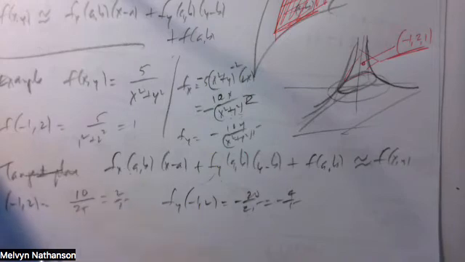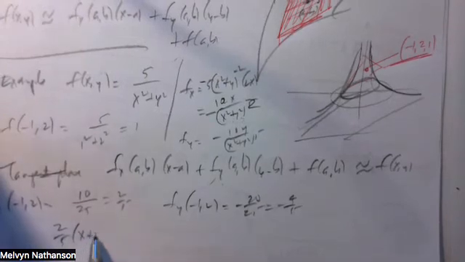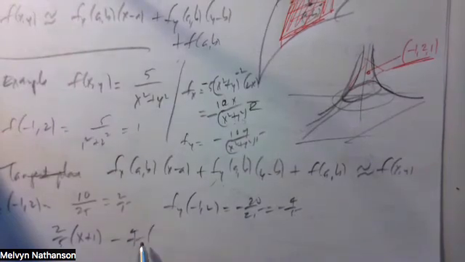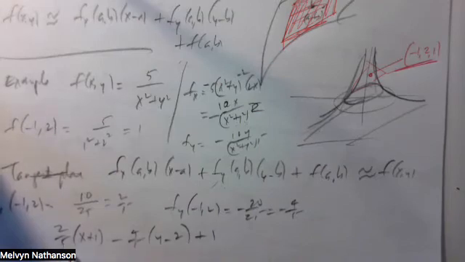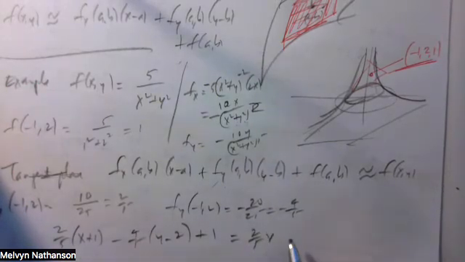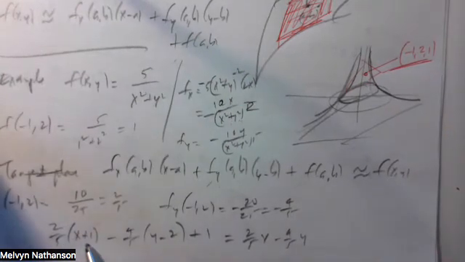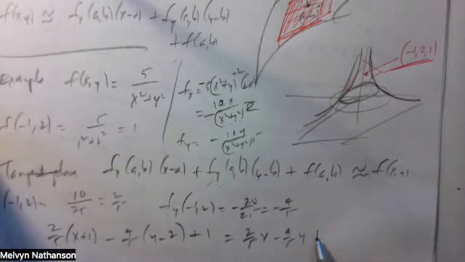So the tangent plane is 2/5 times x plus 1, minus 4/5 times y minus 2, plus 1. Which is the same as 2/5 x minus 4/5 y, plus 2/5 plus 8/5, which is 10/5, which is 2, plus 1, so plus 3.